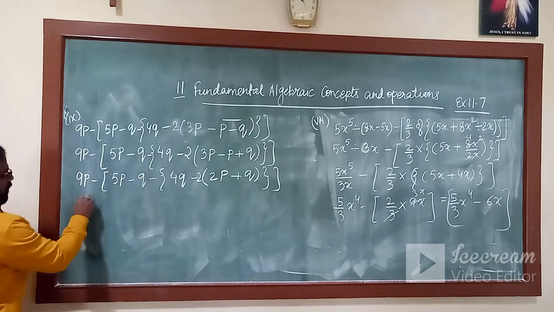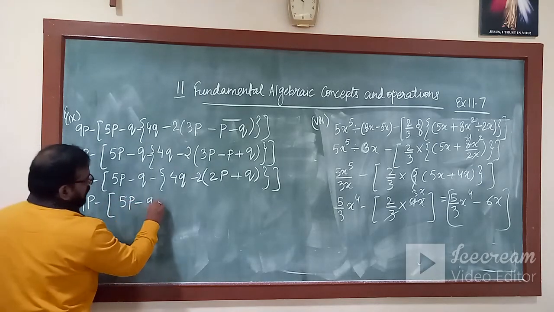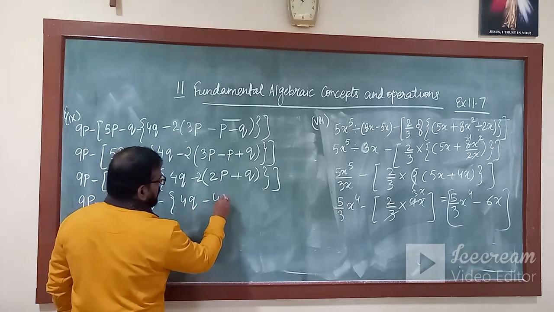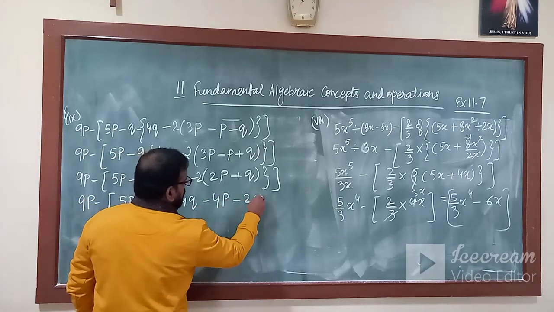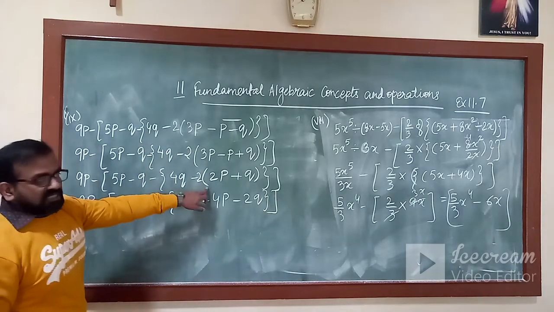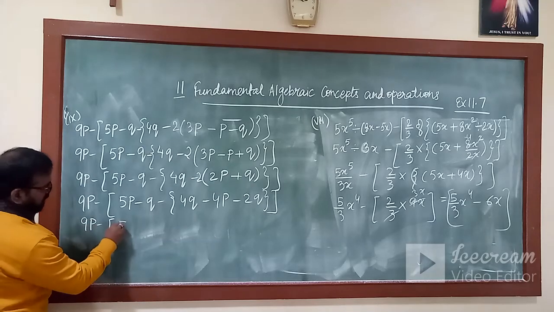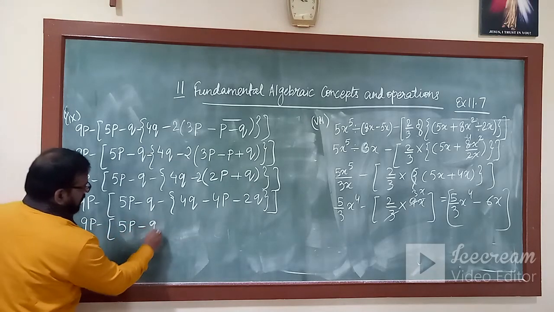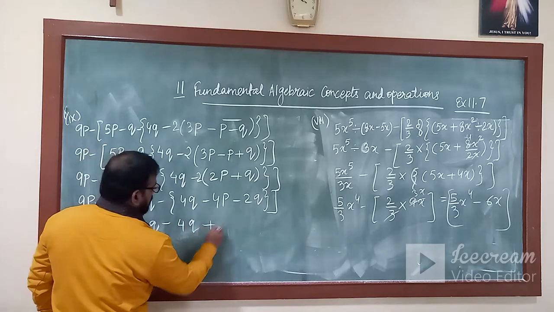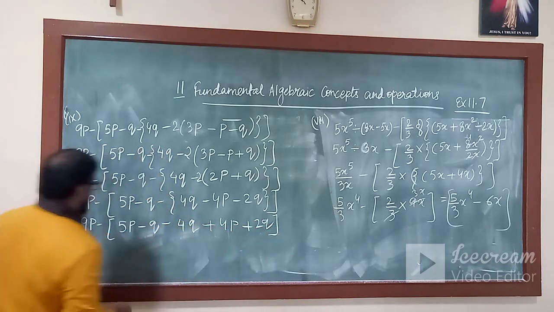So finally what we will get? 9p minus 5p minus q minus 4q minus 4p minus 2q. Okay, so one more bracket has been removed. Now it is 9p minus 5p minus q minus 4q plus 4p plus 2q.